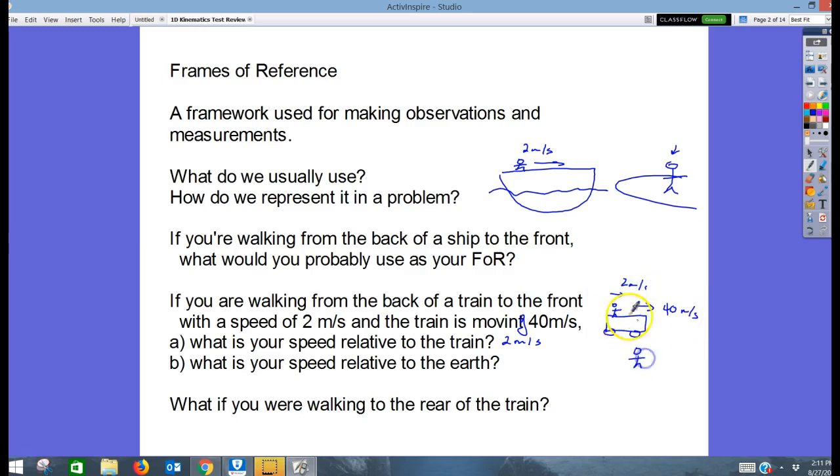Somebody out here would see you moving with both the train's velocity and yours. So this person would see you move 42 meters per second. And if you were walking to the rear of the train, then your speed would actually be minus 2 meters per second, and they would see you walking 38 meters per second.